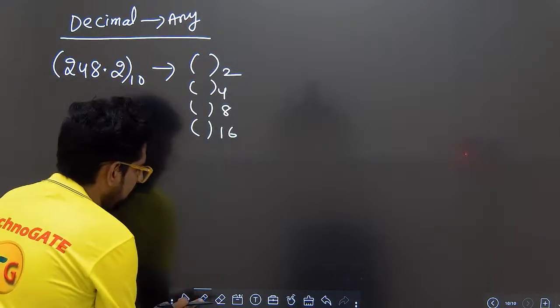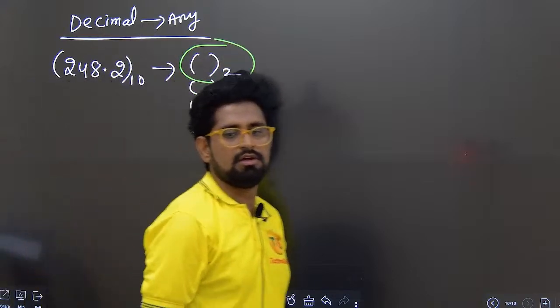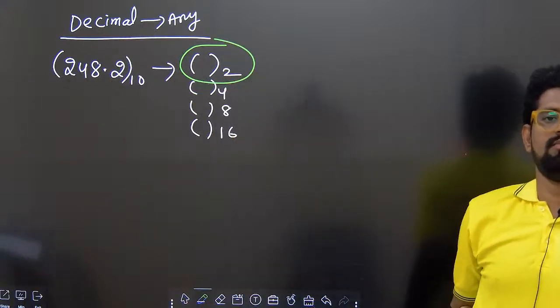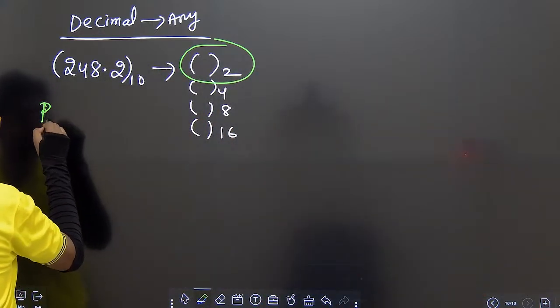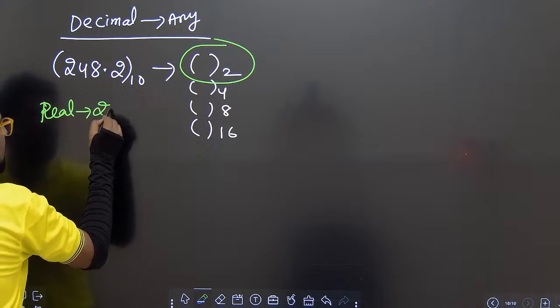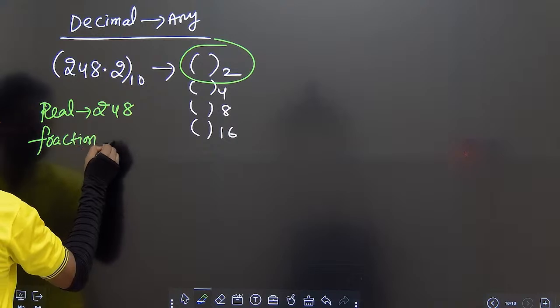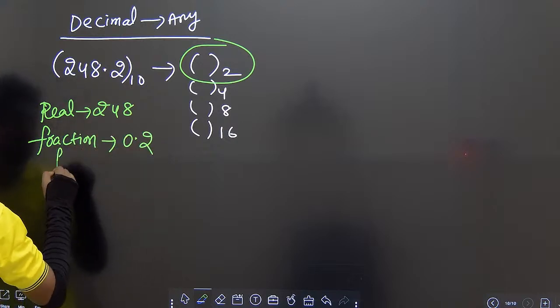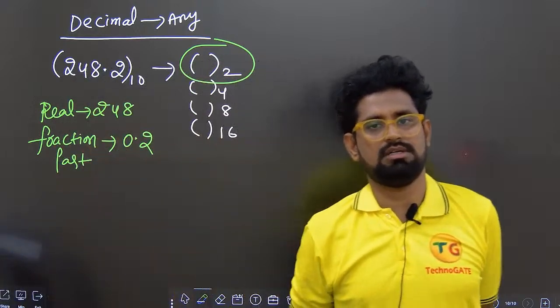Let me explain with base 2. First read the rule. First divide the parts. What are the parts? Real part: 248. Fraction part: 0.2. I divided the real part and the fraction part.